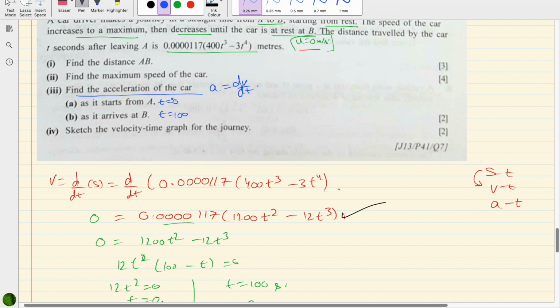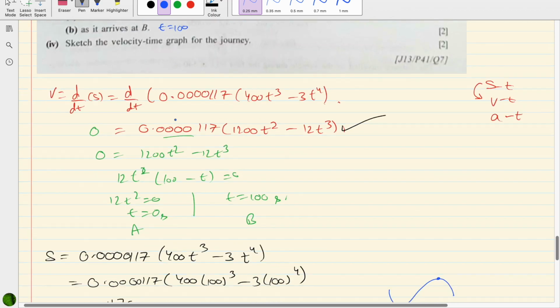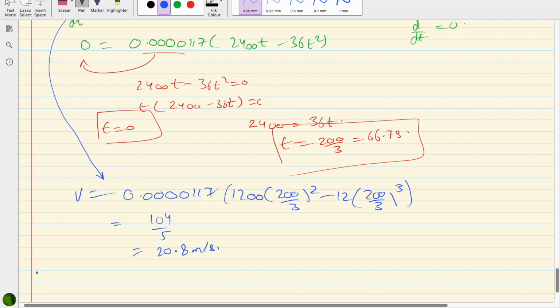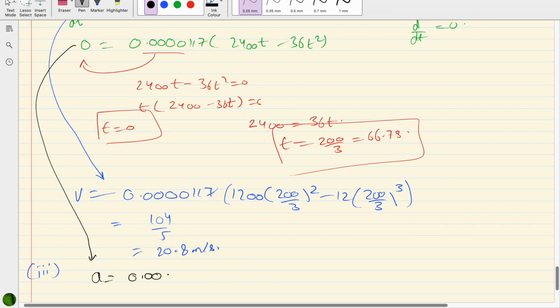So for A and B, we just plug in 0 and 100 in the equation of acceleration. So third part, copying the equation, acceleration is equal to 1/117 times 2400 t minus 36 t square.